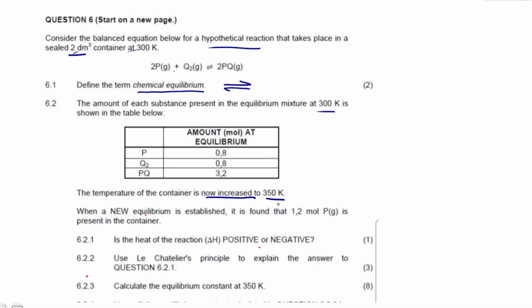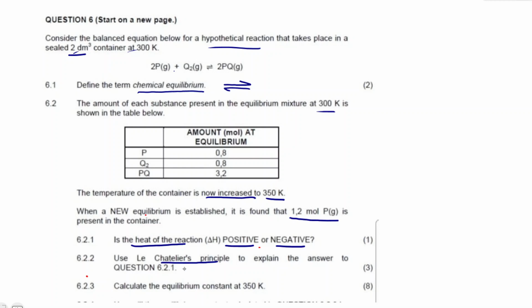When the new equilibrium is established, it is found that 1.2 mole of P, which is a gas, is present in the container. Is the heat of reaction delta H positive or negative? Then use Le Chatelier's principle to explain your answer to 6.2.1.